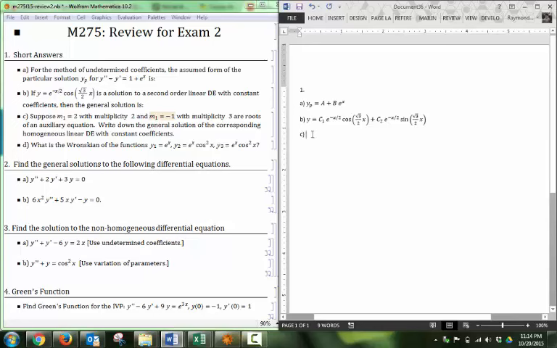If you remember, the solutions to constant coefficient equations are of the form e to the mx. So if we want the general solution, one has multiplicity 2, the other has multiplicity 3, so we have to assume that this is at least a fifth order differential equation, and if those are all the solutions, then it has to be exactly a fifth order differential equation.